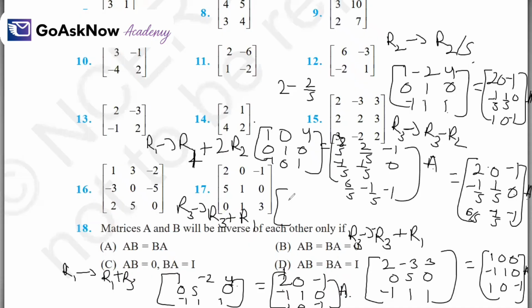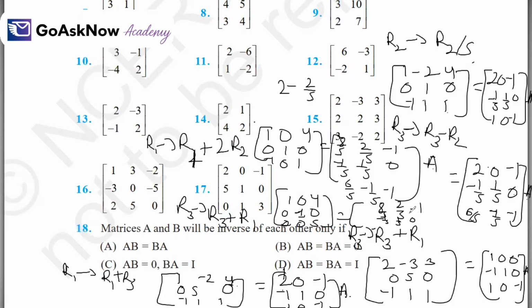So what you will do here? 1, 0, 4, 0, 1, 0. And row 3 plus row 1, you will get what? 0, 0, 5. And here 8 by 5, 2 by 5, minus 1, minus 1 by 5, 1 by 5, 0.